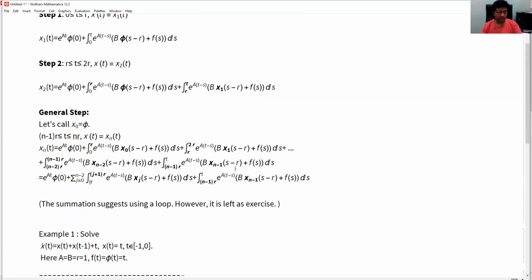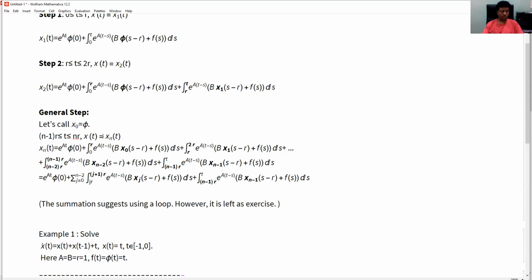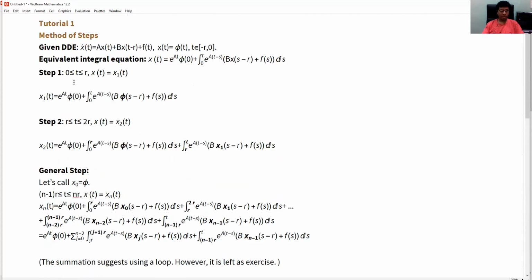We need this u of 0. In this case it is 0, but in general we are writing a program where you just need to change this line only, and for the other part of the program you just have to run the things and you will get output. So we are writing u of 0, meaning e raised to a t into phi of 0.